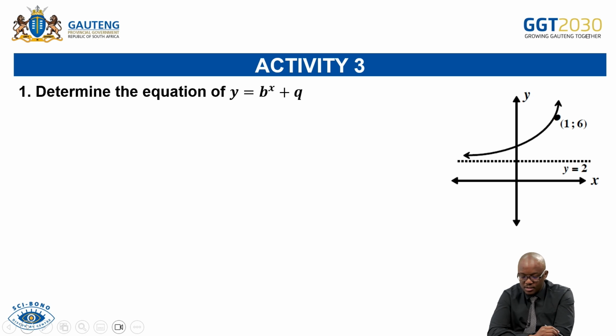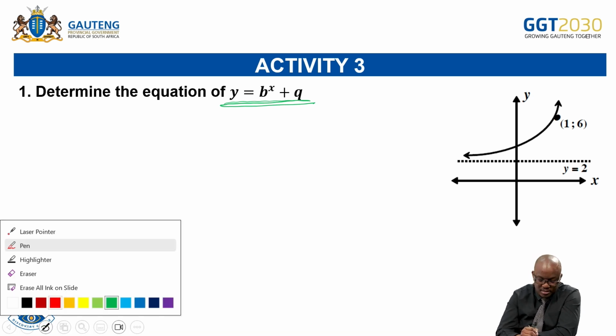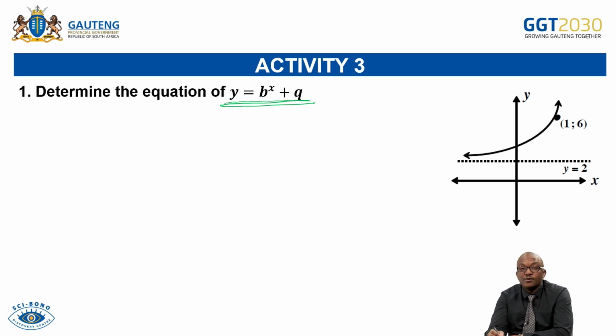So now, looking at our question, it says we must determine the equation of y is equal to b to the exponent of x plus q, which is your equation of your exponential equation.